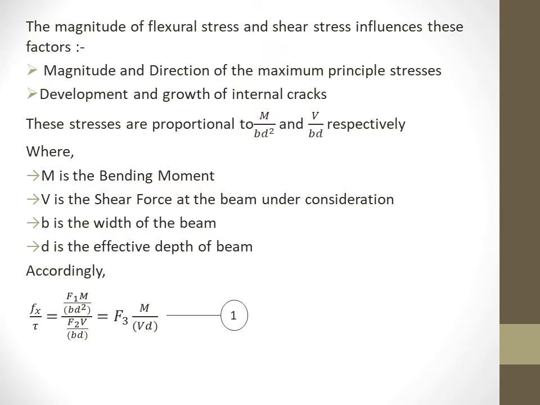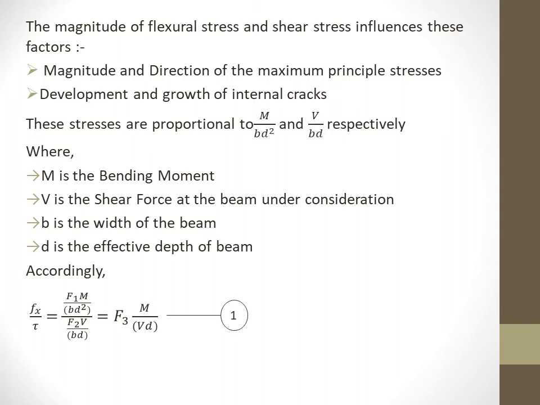In my previous video I mentioned the two stresses acting when a transverse load acts on a beam: a flexural stress as well as shear stress takes place. Now the magnitude of flexural stress and shear stress influences these factors: the magnitude and direction of the maximum principal stresses, and the development and growth of internal cracks.